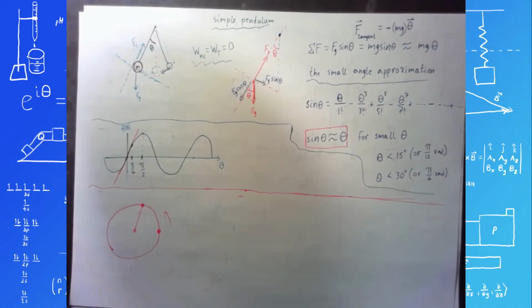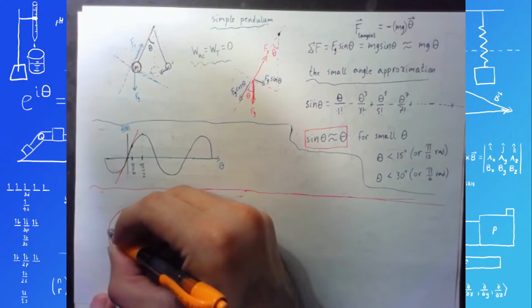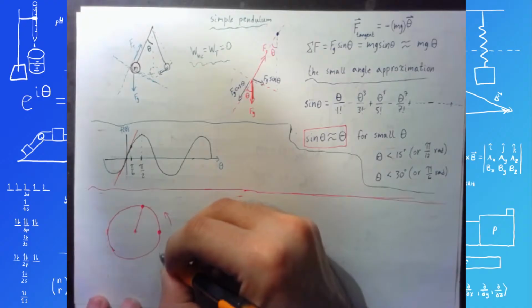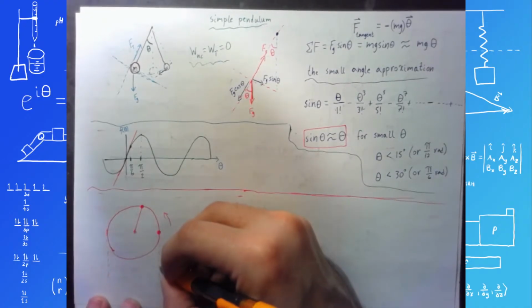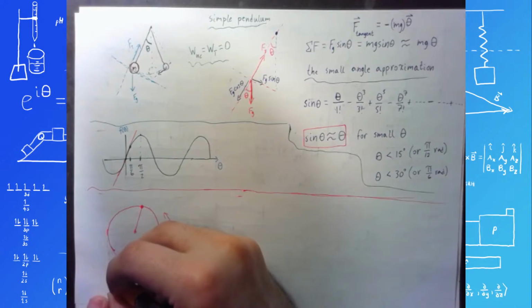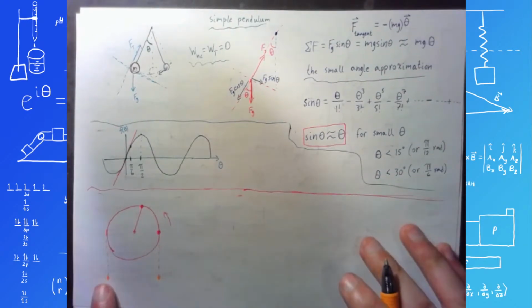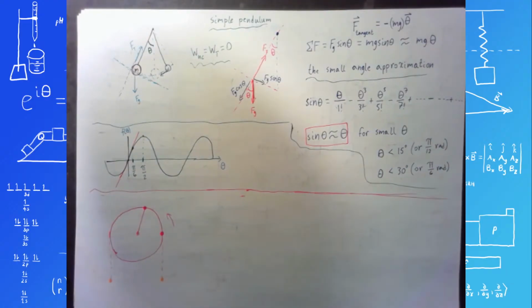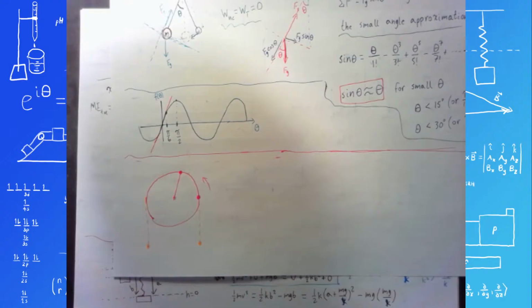If we are just looking horizontally, then we might see an object that's just moving from here to here. I'll try to do this with both of my hands.